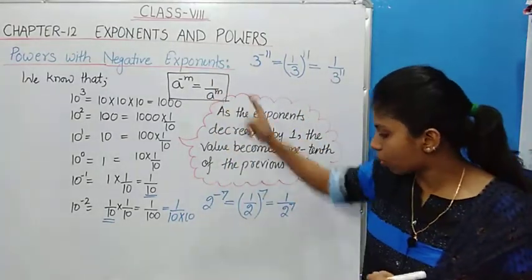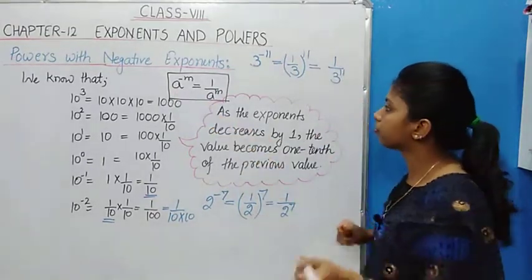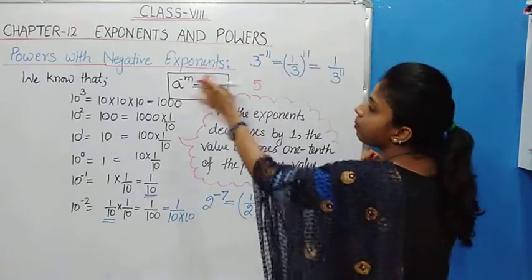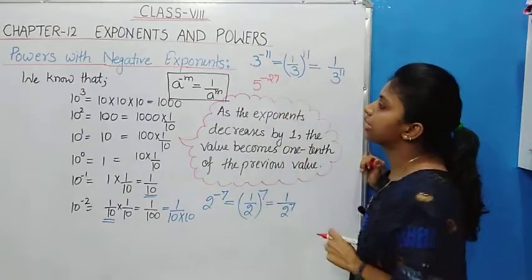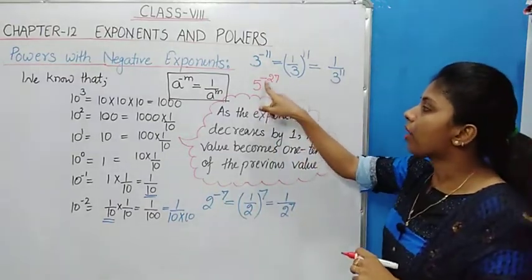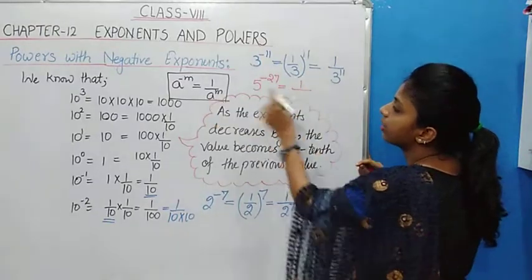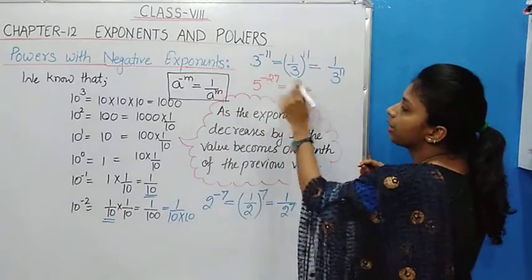Let's apply this formula. Suppose we take a as 5 and m as 27. Then a to the power minus m can be written as 1 by a to the power m, where a is 5 and the power is 27.